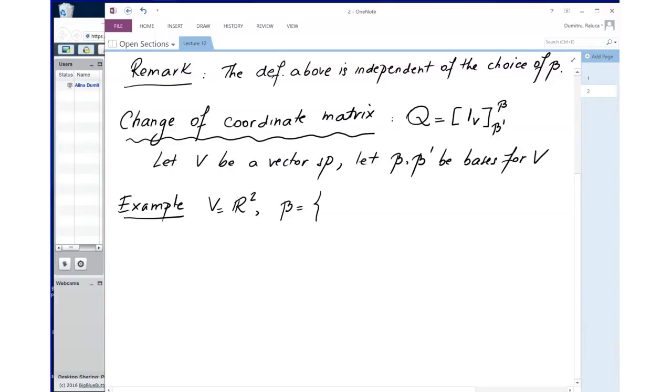Remember that in R2, in order to choose a basis, I can throw in any two vectors that are not multiples of each other. So as long as I have two vectors that are not multiples of each other, I'm fine. What I have here are those two vectors for beta, and these two vectors for beta prime, (2, 4) and (3, 1).